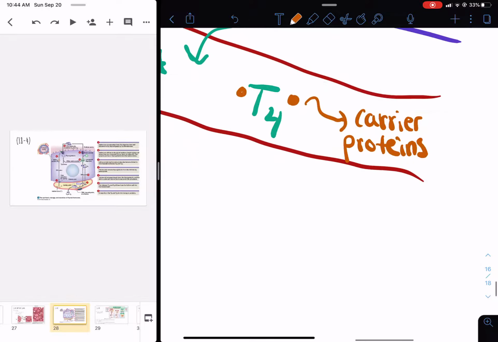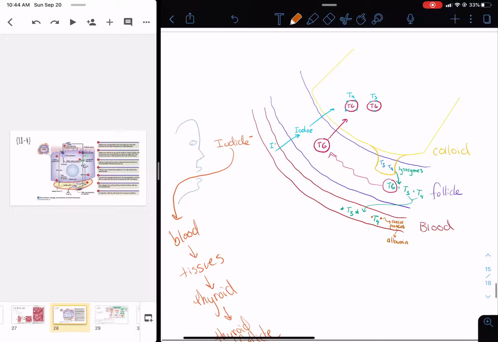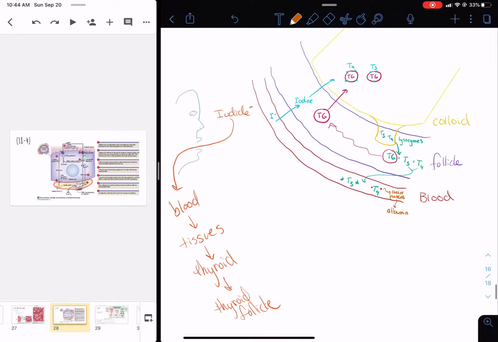And we actually have a specific example of these carrier proteins, that being albumin. Okay, so albumin is going to bind to T4, carry it around, and convert it to T3, the active form of thyroid hormone, whenever we need it. That's it. Relatively simple.